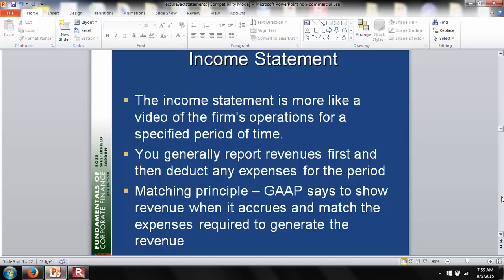And here, it's like taking a movie, or a video, of the firm's operations for a specified period of time. Now, what is the income statement? What are some of the practices? You generally report revenues first and then deduct any expenses for the period. Matching principle: GAAP says to show revenue when it accrues and match the expenses required to generate the revenue.